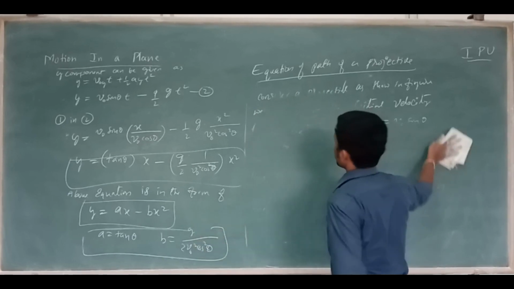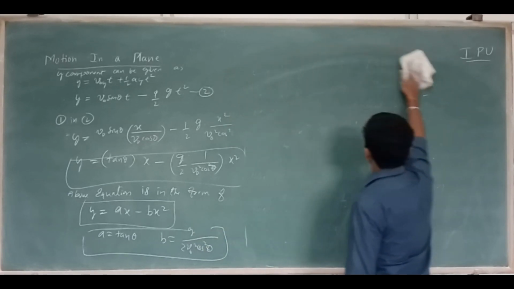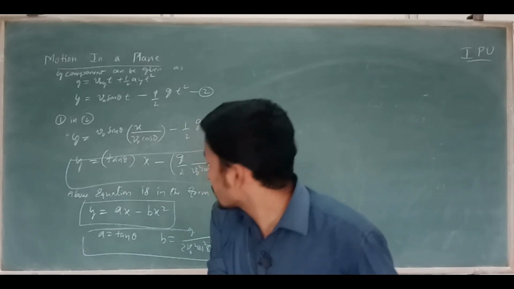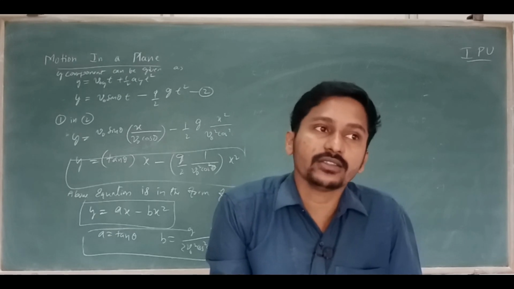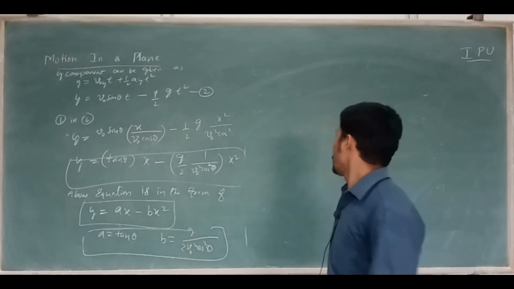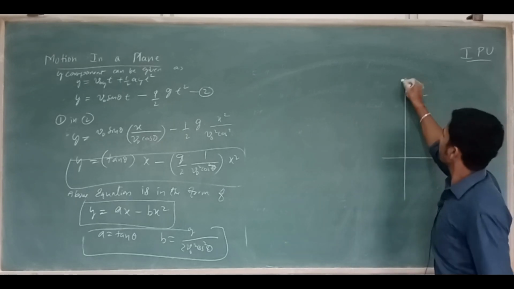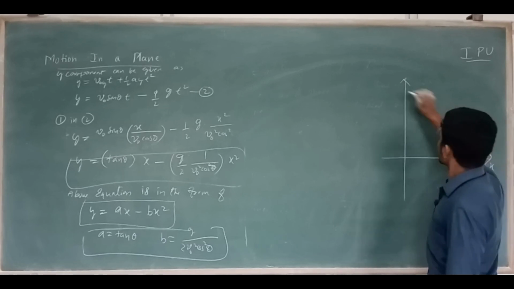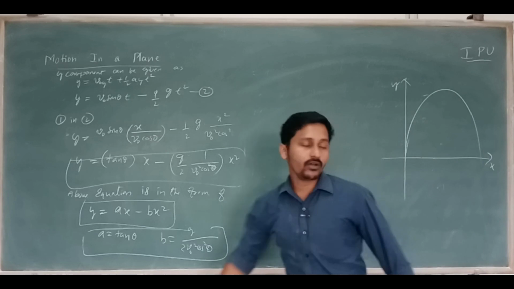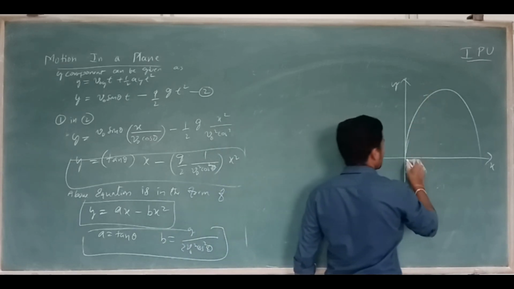You have to write down later: the above equation represents a parabola, hence the equation of the path of the projectile is nothing but a parabolic path. So if you throw the object, this is x, this is y, in this way it will go in a parabolic path. Parabola means this shape is a parabola.